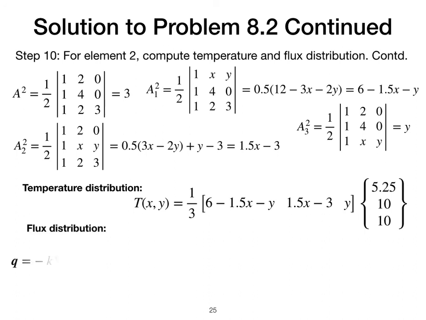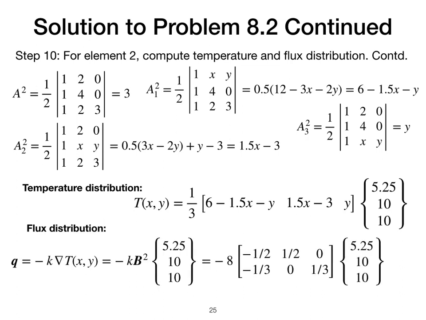And flux distribution again can be calculated. Q equal to minus small k gradient of T, and the final value becomes equal to minus 8 multiplied by a matrix containing minus half, half, 0, minus 1/3, 0, 1/3 multiplied by the element temperature vector, that is a vector containing 5.25, 10 and 10 as members.